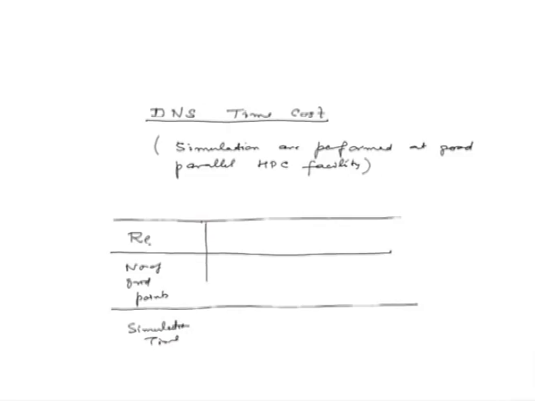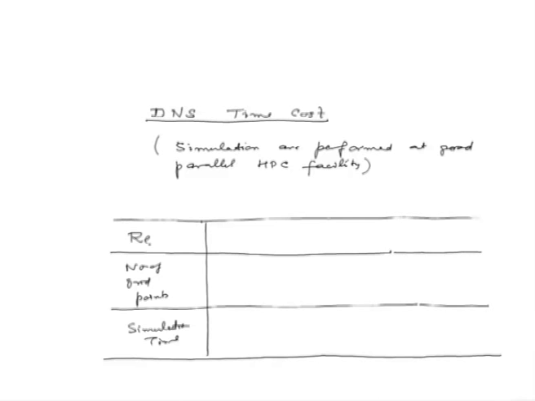Now, I would once again like to caution you that these are just hypothetical estimates. They give you only an order of magnitude. So, depending on your HPC facility, the numbers might look quite different.